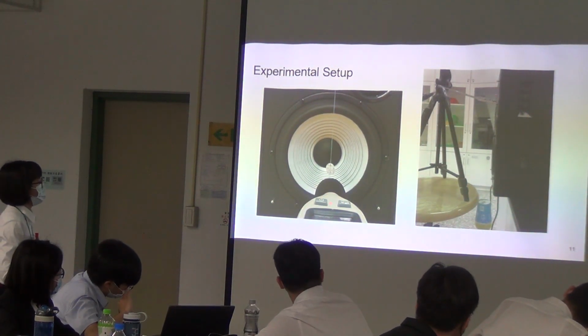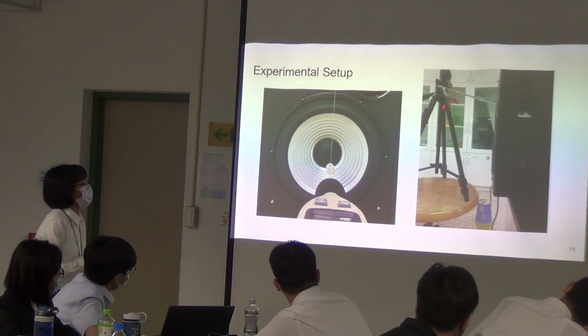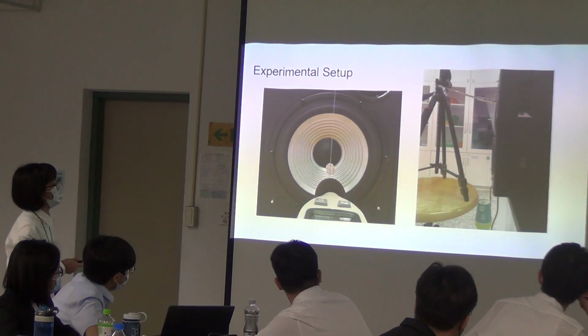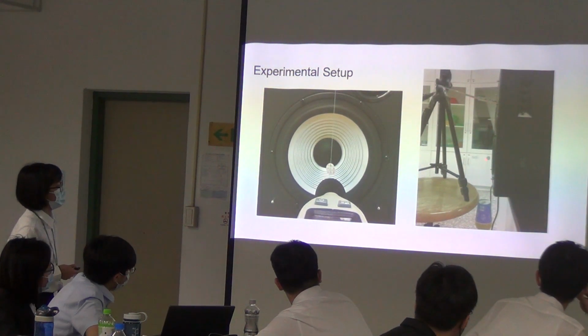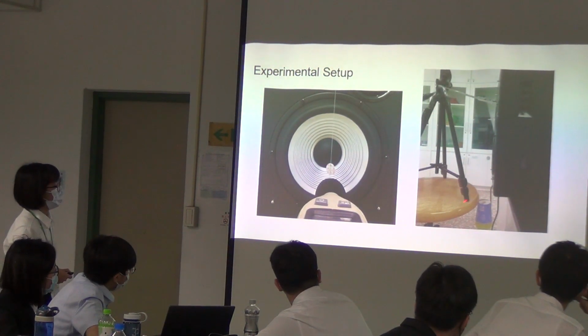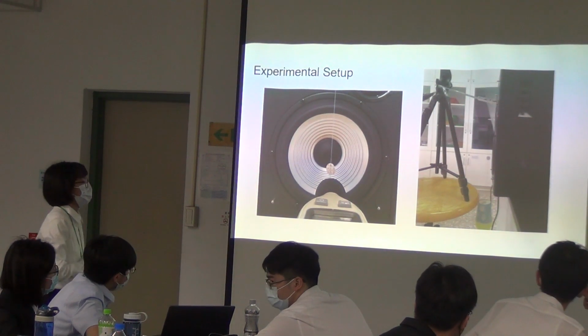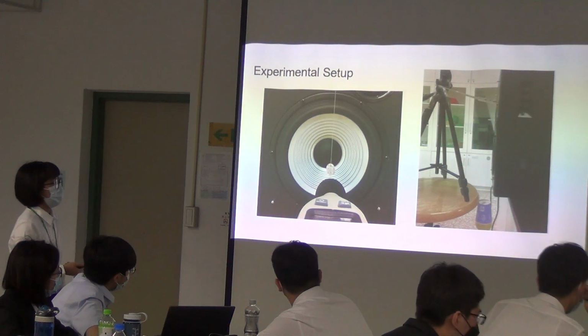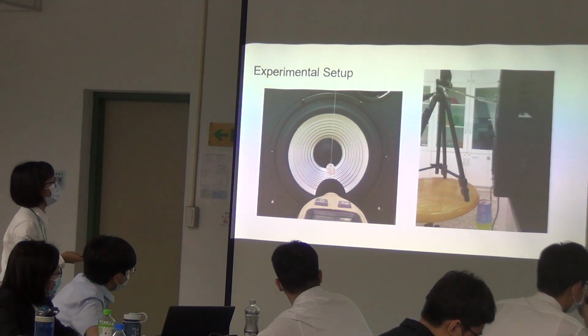Here's the dB meter, and this is the tripod. We hang a metal stick on it to hold the thread down here. And this is a tennis ball. We use it because it has weight to hang the string, the thread.